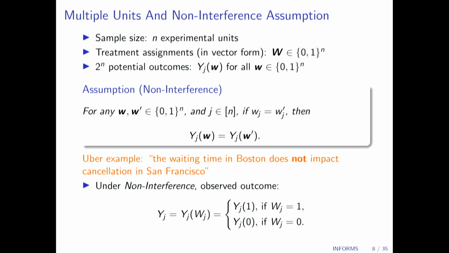The outcome is going to be the average cancellation rate in Boston. Very good question. It is beyond the scope of this tutorial, but it's definitely generalizable, of course.